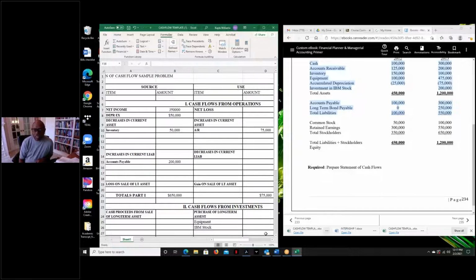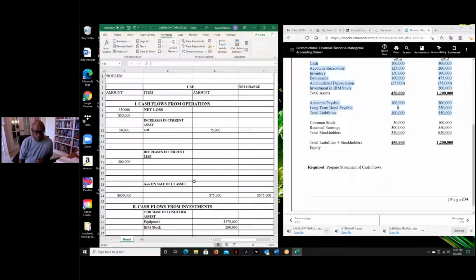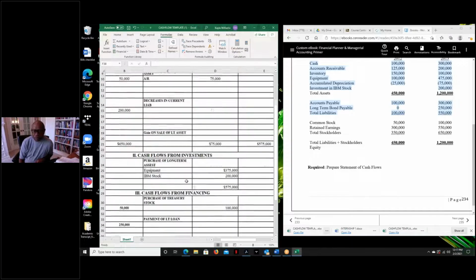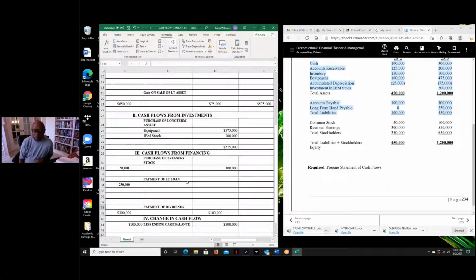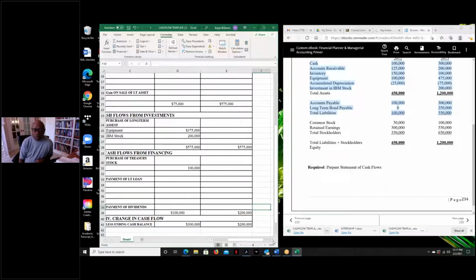I have a question. Okay, so on the statement of cash flow, there's 4 parts, right? Yep. The first part is operations, and the second part is investments. The third part is financing, and the fourth part is change in cash flow.